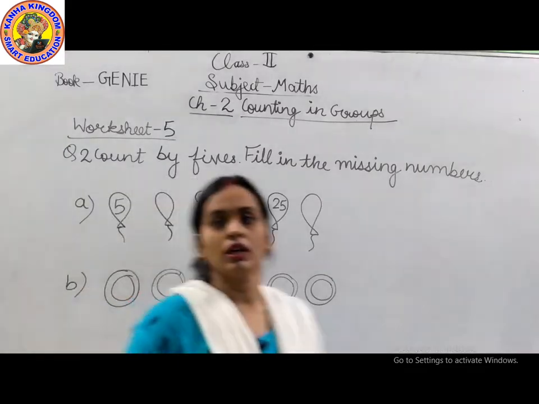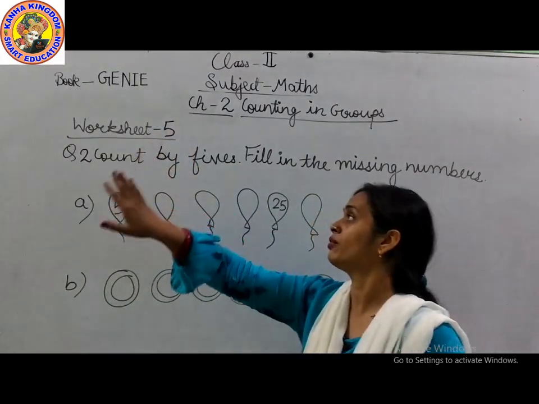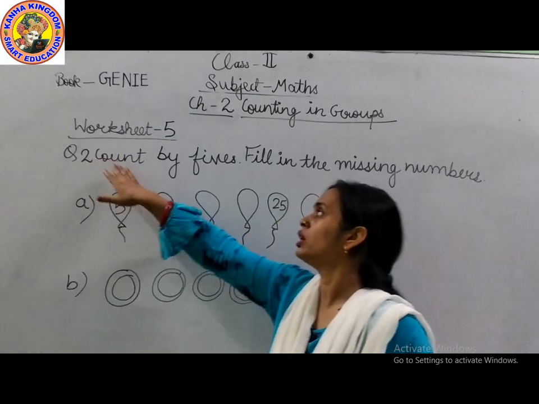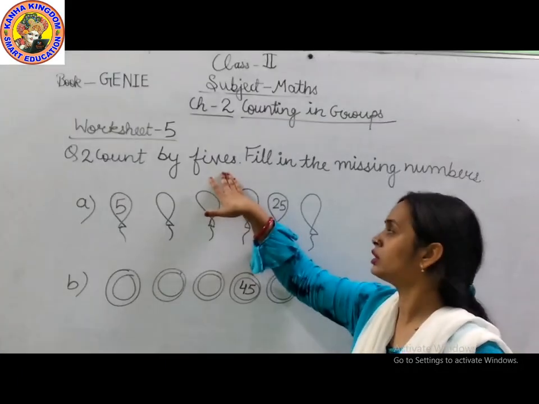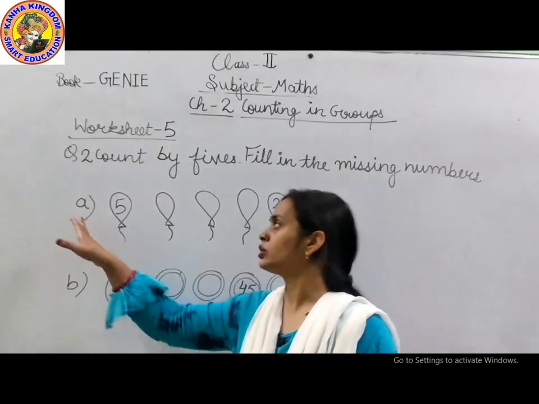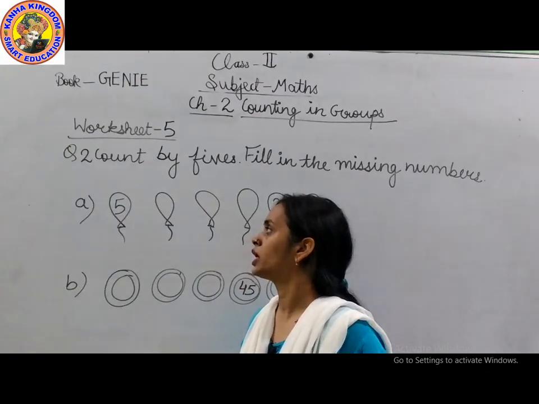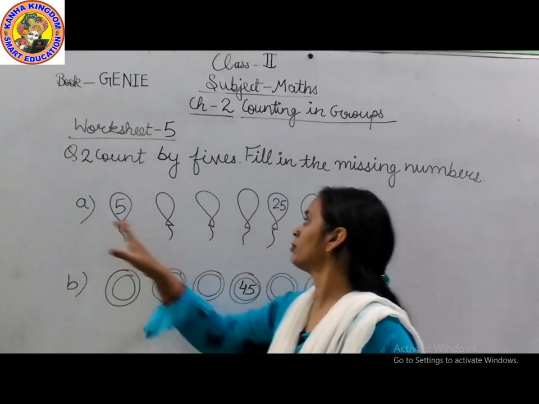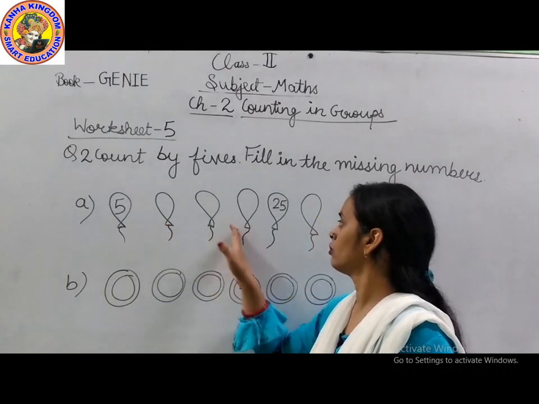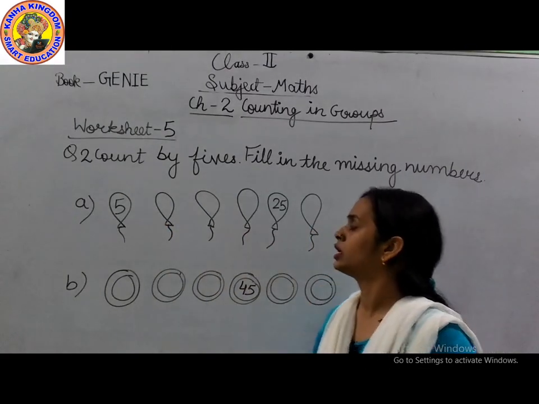Now, our next worksheet is worksheet 5. Question number 2, count by fives. Fill in the missing numbers. Okay. So, question number 1. How many values are there? 6. 1, 2, 3, 4, 5, 6.